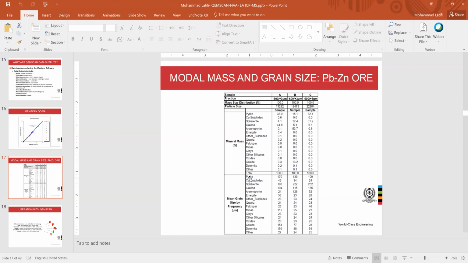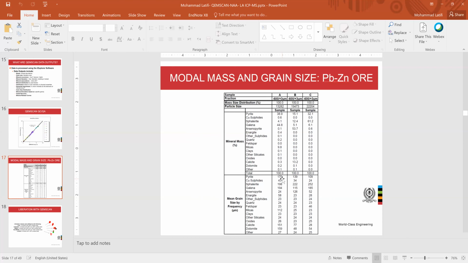For example, pyrite in sample A is 170 micron, but in sample C is 109 micron. What does it mean? It means, for example, if you are working with sample A, maybe you need to apply grinding until particles have a kind of average size distribution around 170.